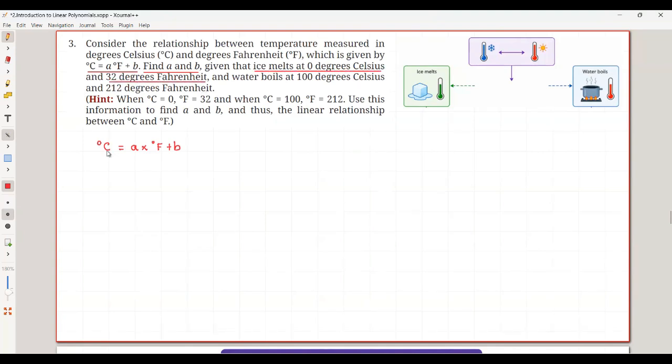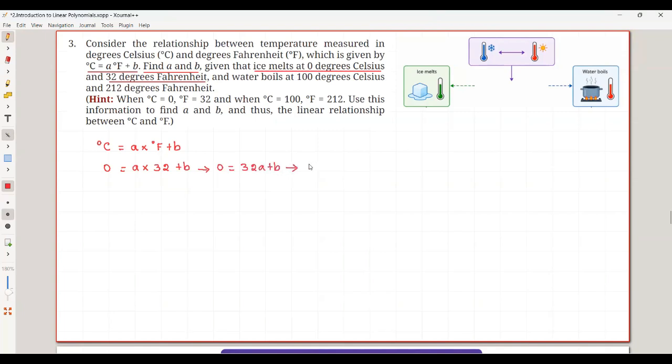So in the place of degree Celsius, I can take 0. 0 is equal to a into 32 degrees Fahrenheit plus b. Now this is nothing but 0 is equal to a into 32, which is 32a plus b.